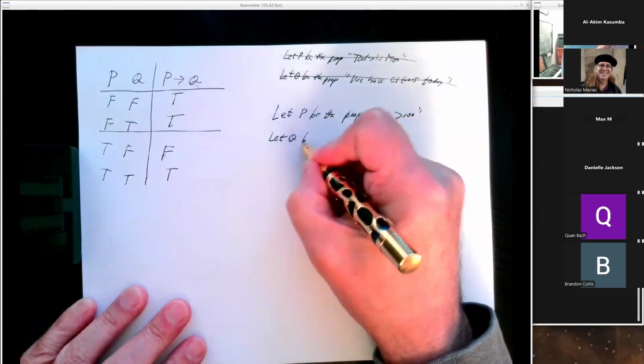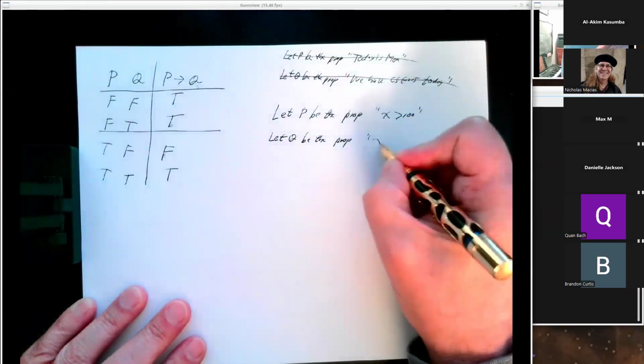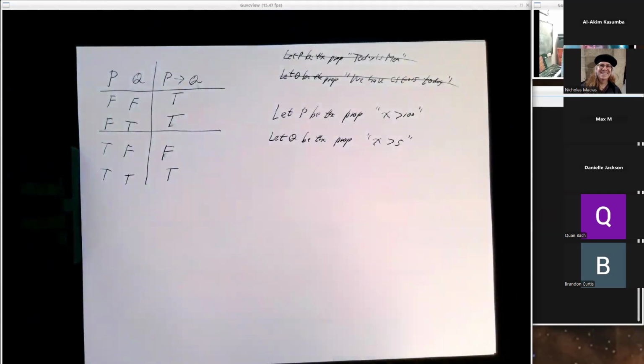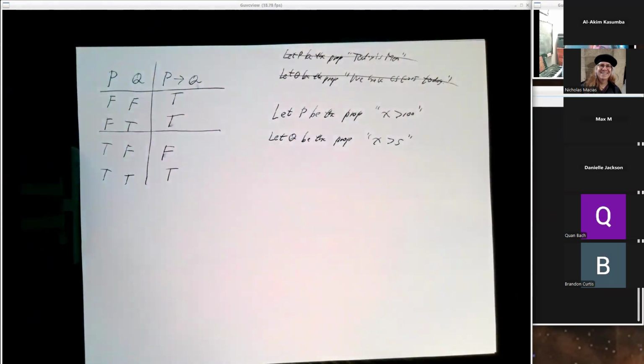And let Q be the proposition X is bigger than 5. All right, so depending on what the value of X is, P could be true or false, Q could be true or false.